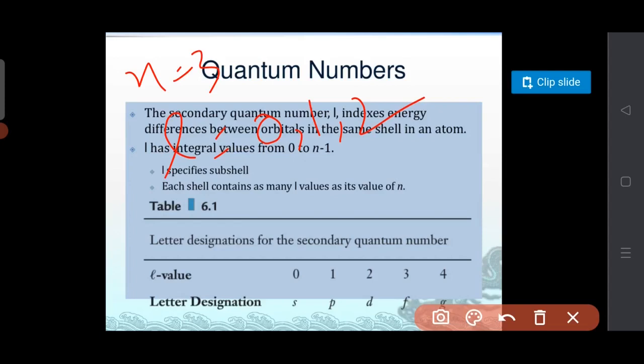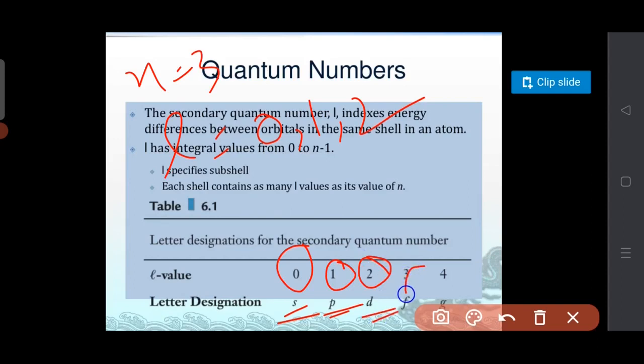Okay, and if the azimuthal quantum number value is 0, then it is indicating the s orbital. If the azimuthal quantum number is 1, then it is indicating the p orbital. If it is 2, that means it is indicating the d orbital.